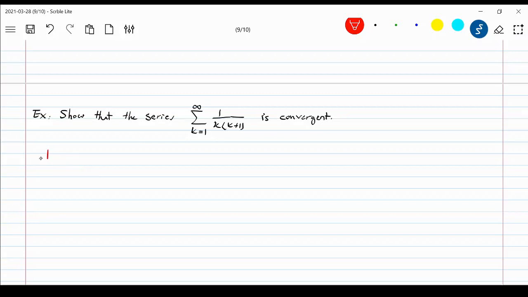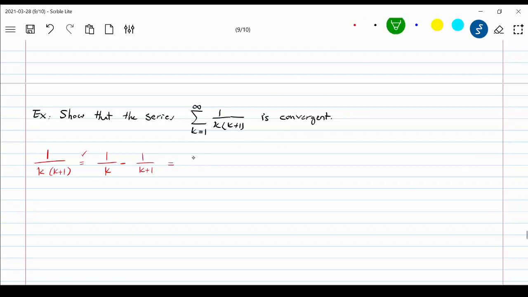So first the hint is if you look at this fraction, 1 over k times k plus 1, that is basically the difference of 1 over k minus 1 over k plus 1. And just to make sure that this is a true statement, let's do a common denominator.